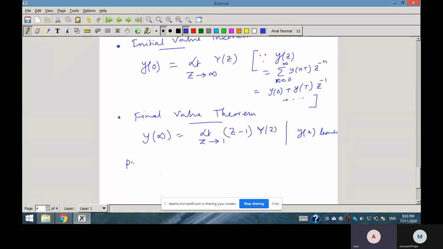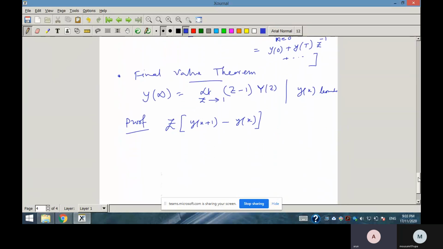You can prove it also. I am just showing a small outline of the proof. You take the z transformation of y of k plus 1 minus yk.